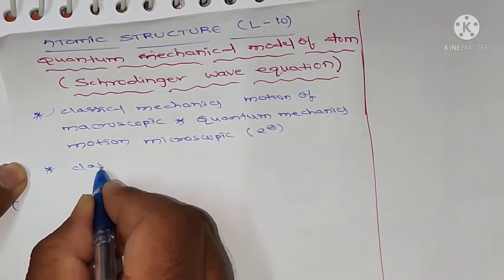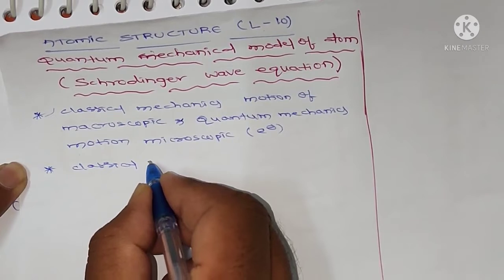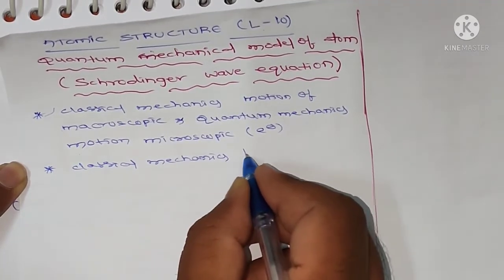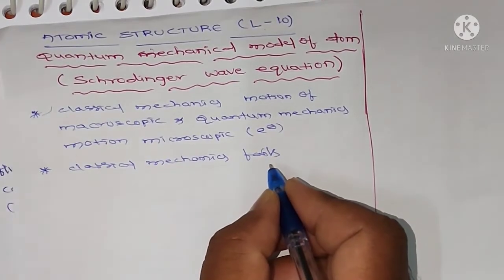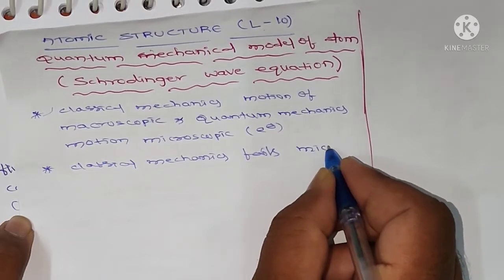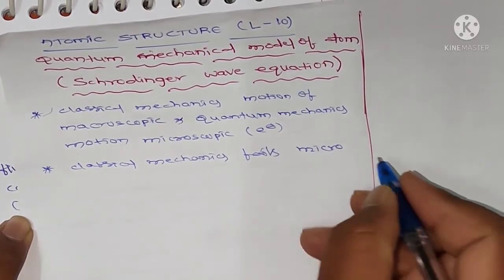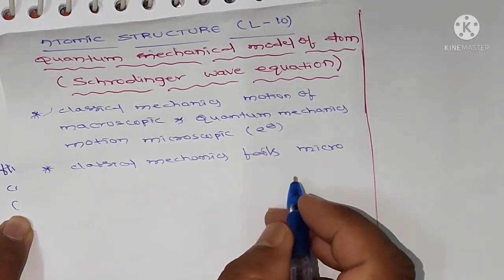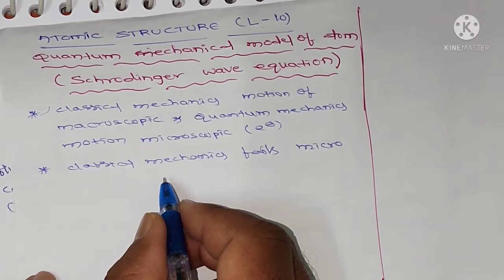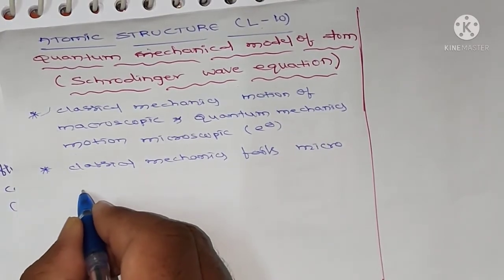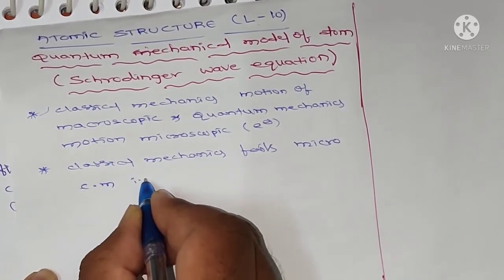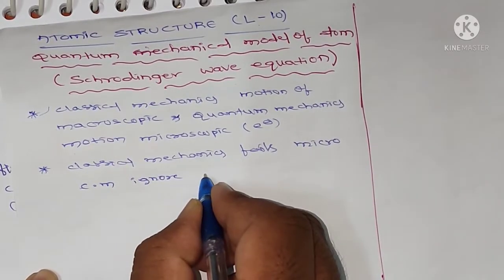The classical mechanics fails when applied to microscopic objects like electrons, atoms, because classical mechanics ignored the dual behavior concept.